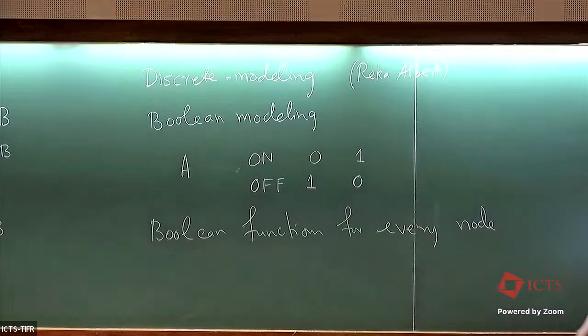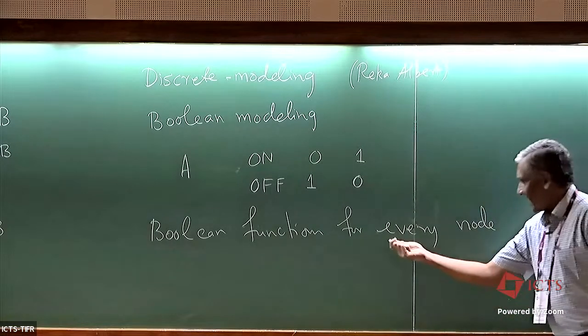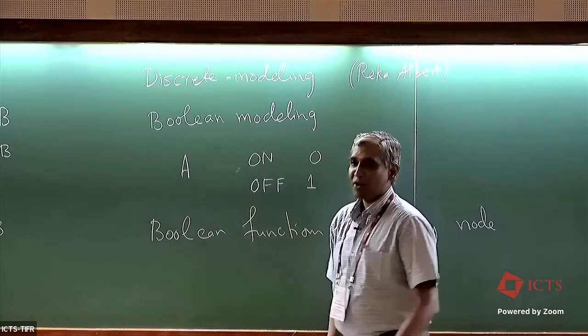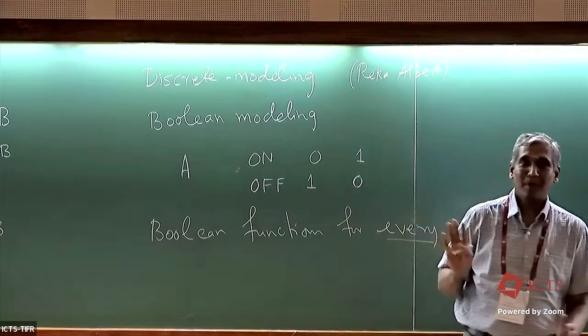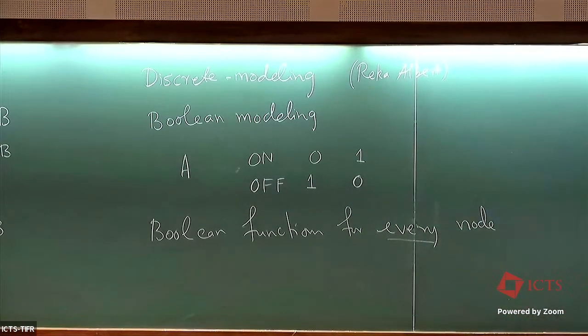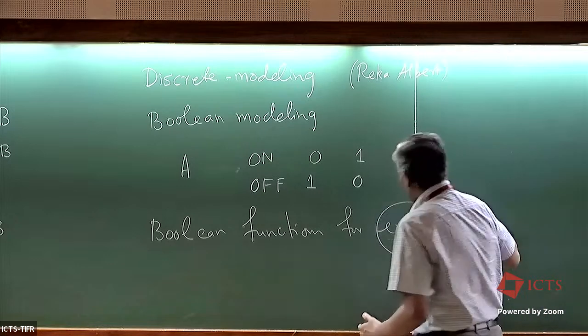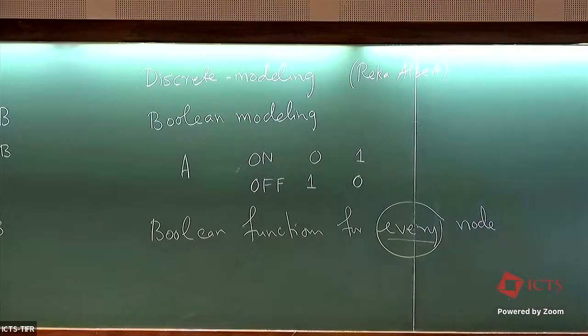I specifically want to highlight this: every node here. So far I didn't talk about how to implement it in biological networks. When we implement it in biological networks, whether you want to assign a function to every node or not depends upon the nature of the node. And we'll talk about it a little bit in a short while.